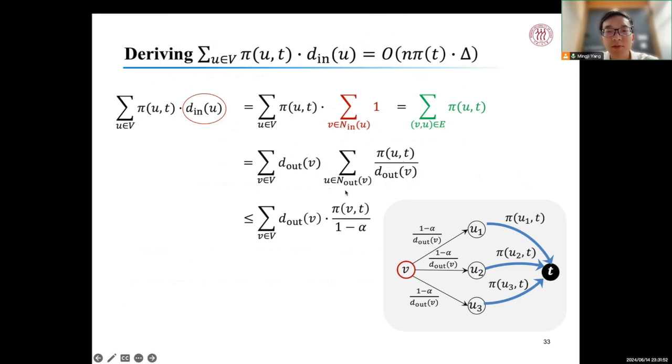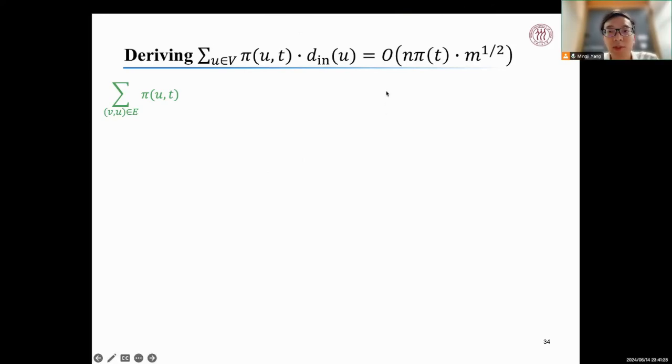The inner summation is over the out-neighbors of node v, and the summand is pi_ut divided by the outer degree of node v. Using the definition of PageRank contributions, we can show that this inner summation is upper bounded by the PageRank contribution of v to t divided by 1 minus alpha. Further, we upper bound the outer degree of node v by the maximum outer degree delta, and simplifying this expression leads to this upper bound.